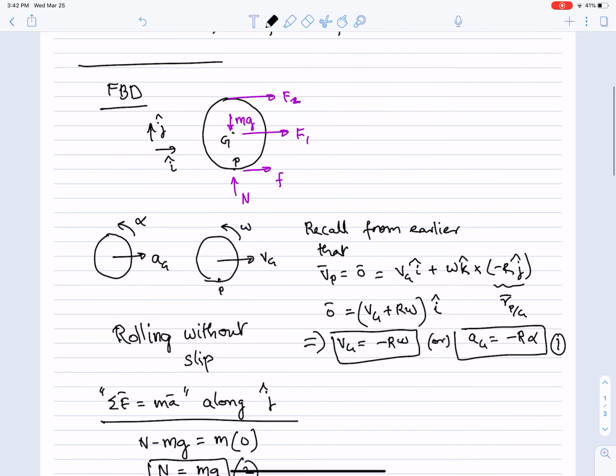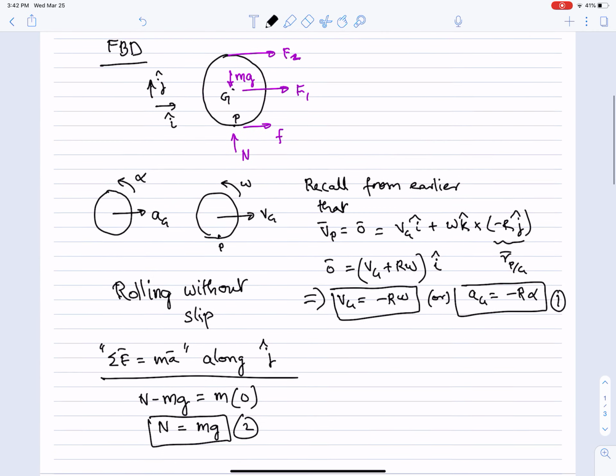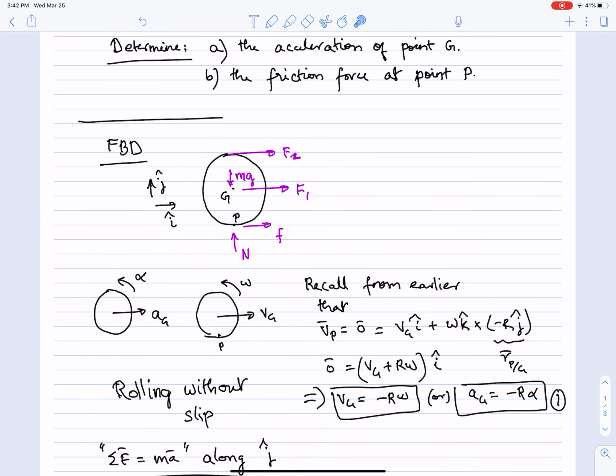What is sum of moments about G? So we have f times the moment arm R. It's anti-clockwise, so it's in the direction K. This force F1 passes right through G, so has no moment. This force F2, its moment arm about G is R, and it's clockwise, so it's going to be minus F2 R.